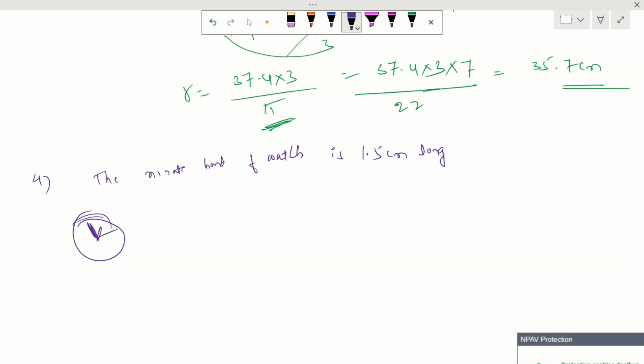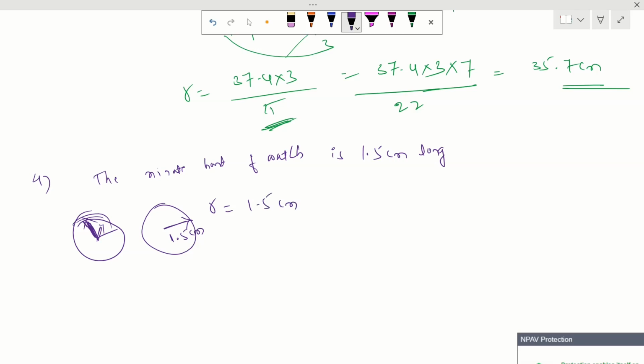Here they have given only one hand, the minute hand, which is 1.5 centimeters long. It is a radius. So the radius is 1.5 centimeters.